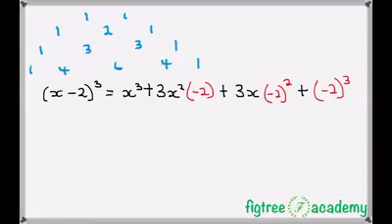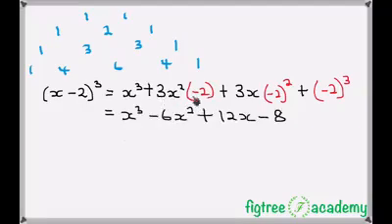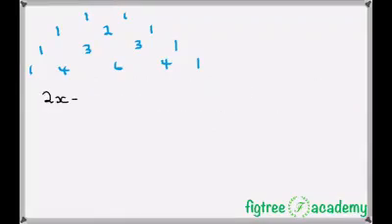Then we simplify, minus 2 times 3 is minus 6, here squared removes a negative, therefore this becomes positive 4, 4 times 3 is 12, here it maintains a negative because the power is odd, it will be minus 8. Therefore you can see here that the sign has been affected by the minus 2 here. So this will be our final expression.